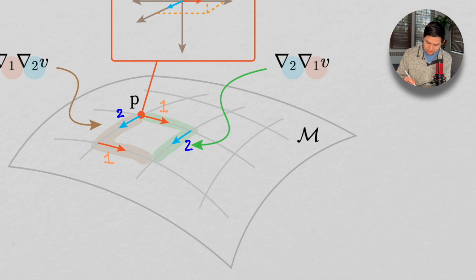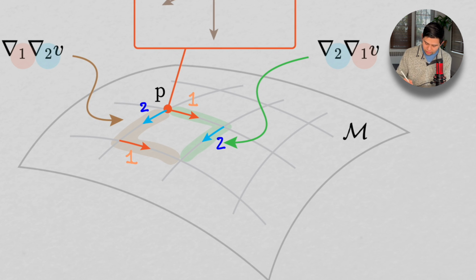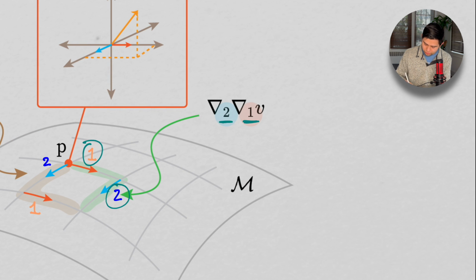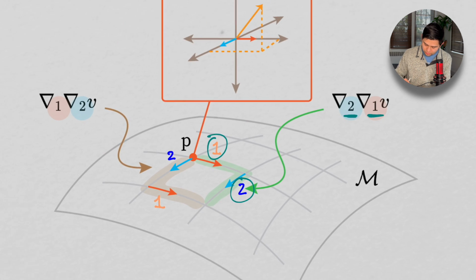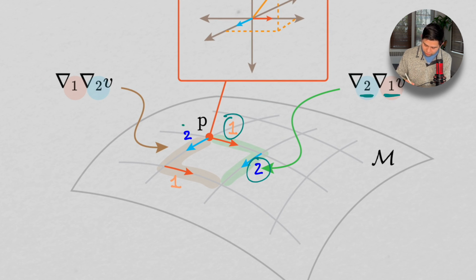So in the green case, we're doing one first and then two. In the brown case, we're doing 2 first, and then 1.